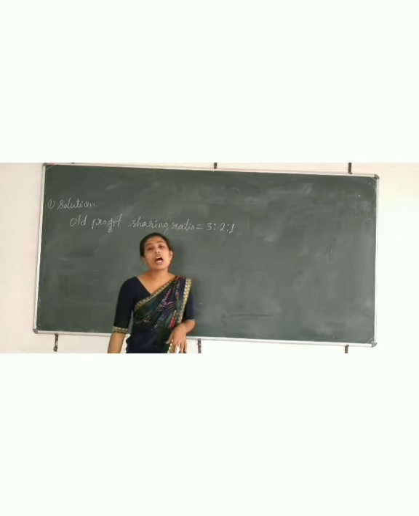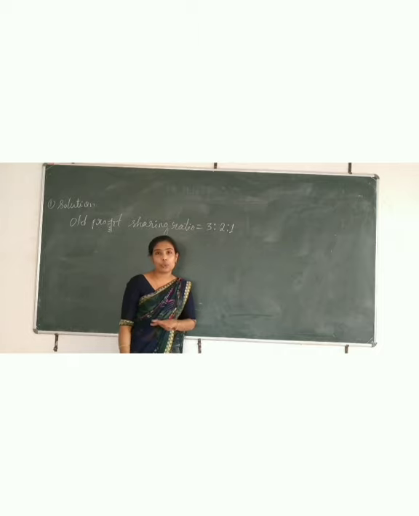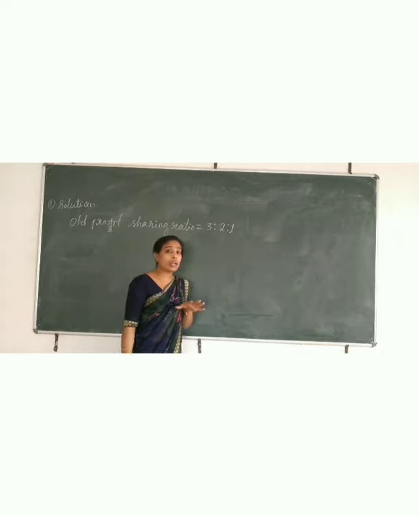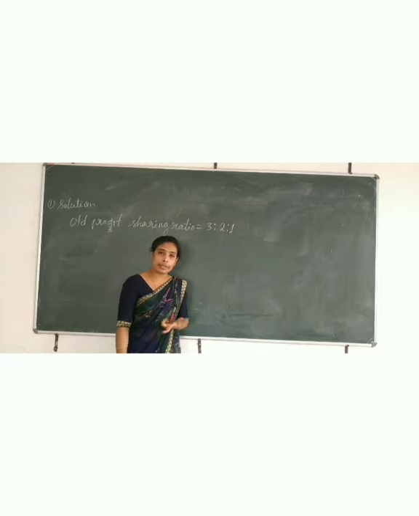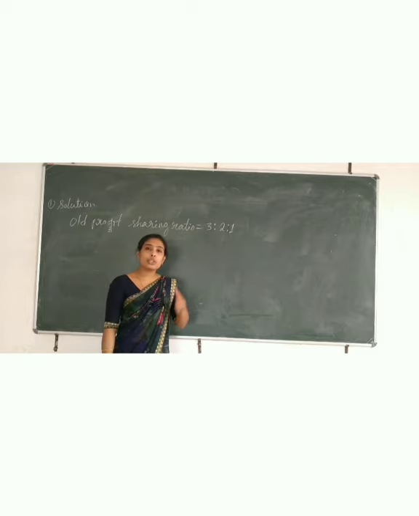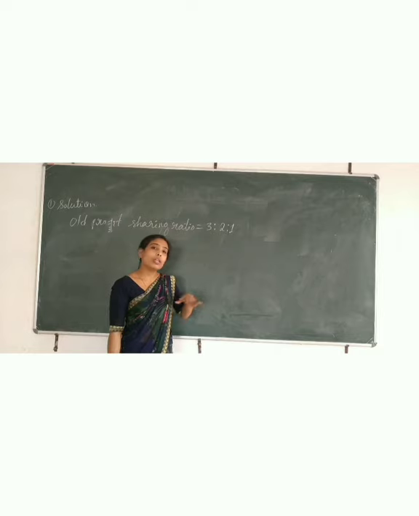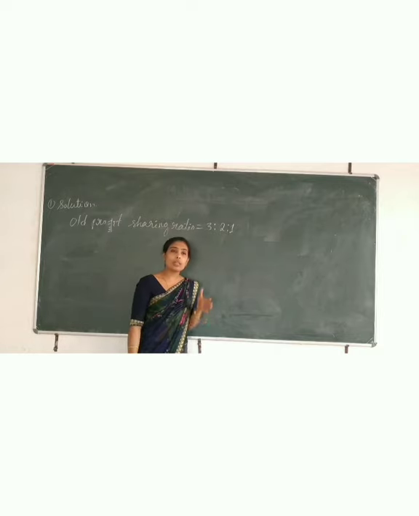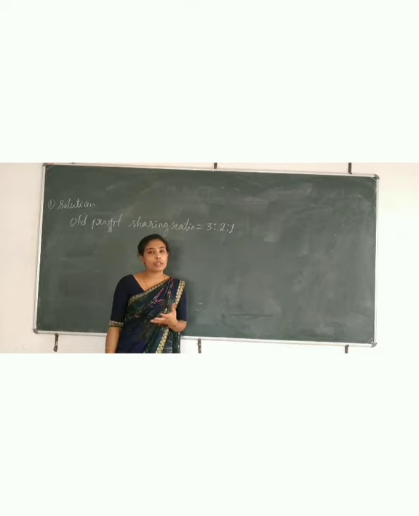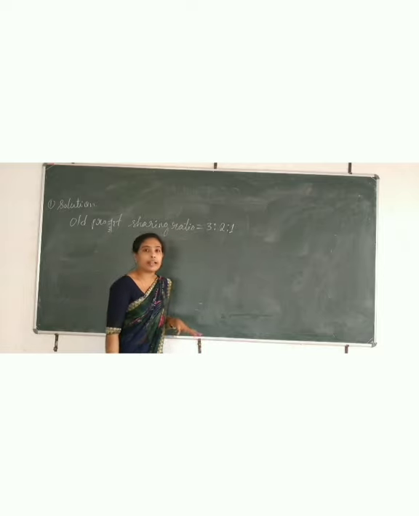That is called the agreed ratio, because when the old profit sharing ratio is given and any partner retires from the partnership firm, the continuing partners share the share of the retired partner in the ratio of 3:2. This is the agreed ratio. They decided that ratio.